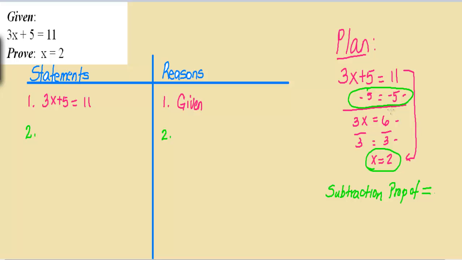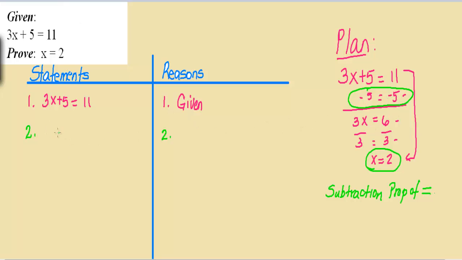You will usually see that in a proof, they will just go ahead for step 2 and write 3x is equal to 6, and they will write subtraction property of equality. Okay? You will see this a lot, but I'm very picky with proofs, and I like to validate each one of the steps.